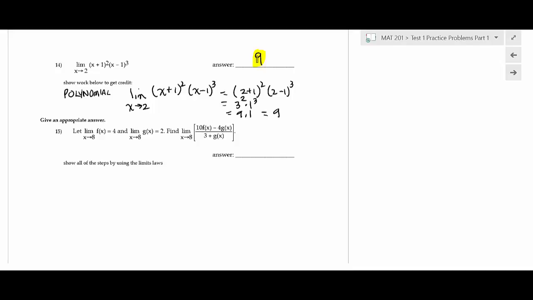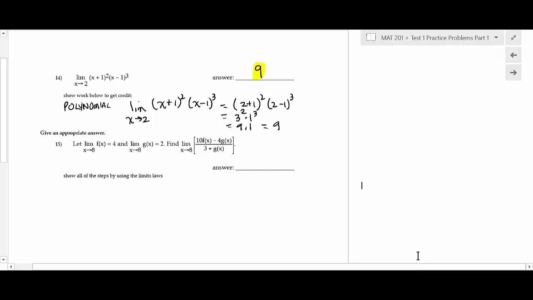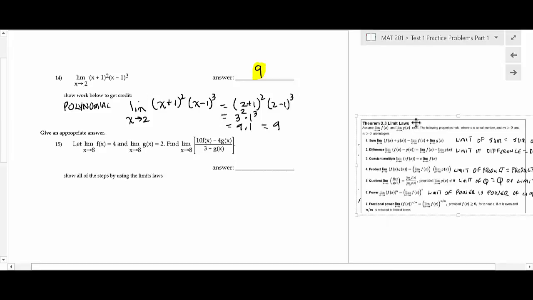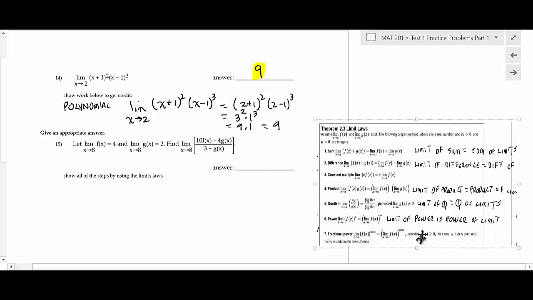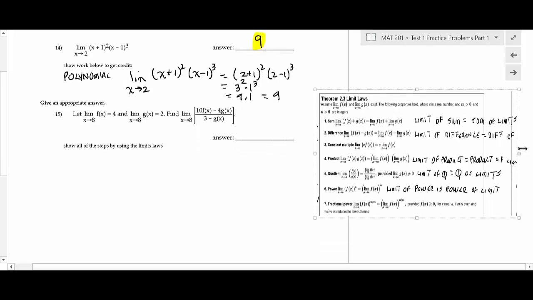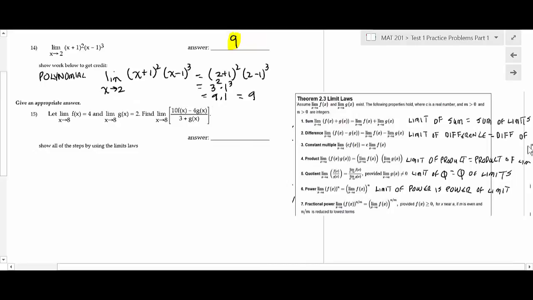Okay, so the next thing I want to do is make sure that you know all of the limit laws that we learned. You refer back to your notes and look at those limit laws. I am going to, like magic, paste all of these limit laws here so we can refer to those as needed. This is what you want to be sure that you know.